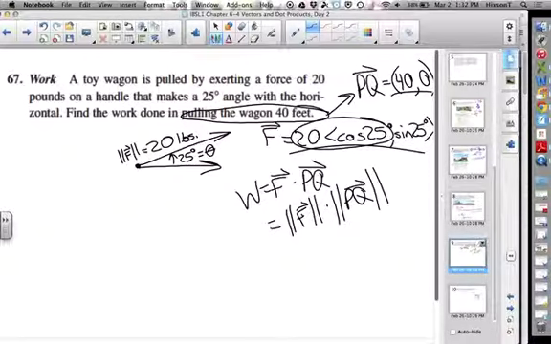Now, in this application, you cannot use this. Why? Because we weren't pulling in the direction we wanted to go. We were pulling at a 25-degree angle. If you want to call this a secondary force vector, a horizontal force vector, that's what we used.